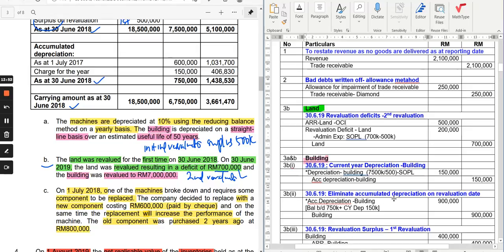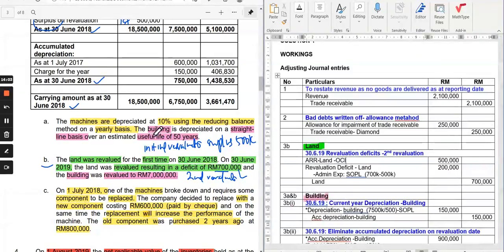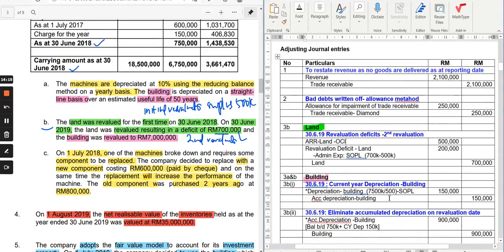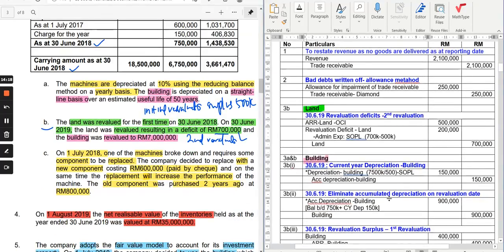So what you will do is that for the year ended 30th June 2019, the building is still being depreciated, but it will be depreciated at the new value. And if you look here, the building was revalued to 7 million, right? It was revalued to 7 million.